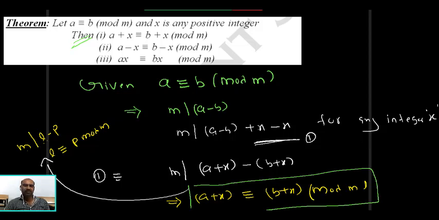Okay, I hope you people understood. Now I will prove rule number 2. For that also I am using equation 1 only. Equation 1 says that M divides A minus B, X added, X subtracted. Previously A and plus X were grouped, no?